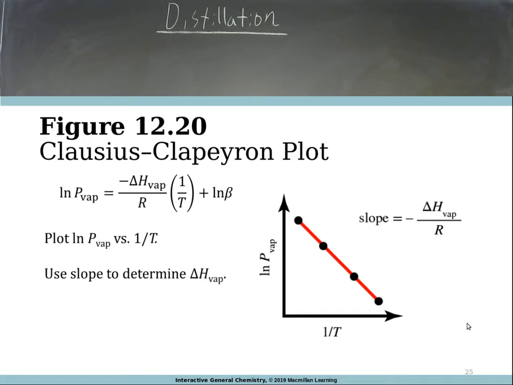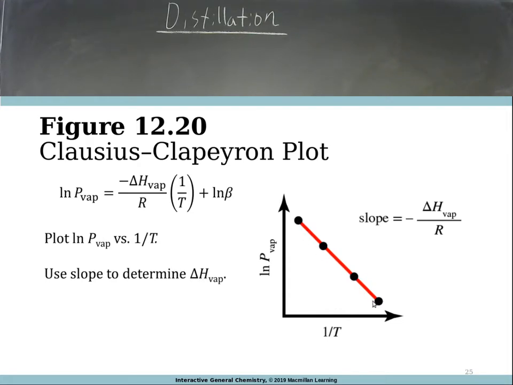Okay, so this is how you might make the Clausius-Clapeyron equation into a linear format. If you were to take the pressure at a number of different temperatures and plot the natural log of the pressure as your y values and the inverse of the temperature as your x values, then you would get a line.